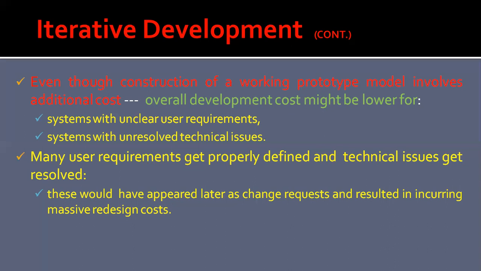It would not be appropriate for projects for which the risk can only be identified after the development is underway. These are the few important weaknesses of the prototype model that we need to understand.